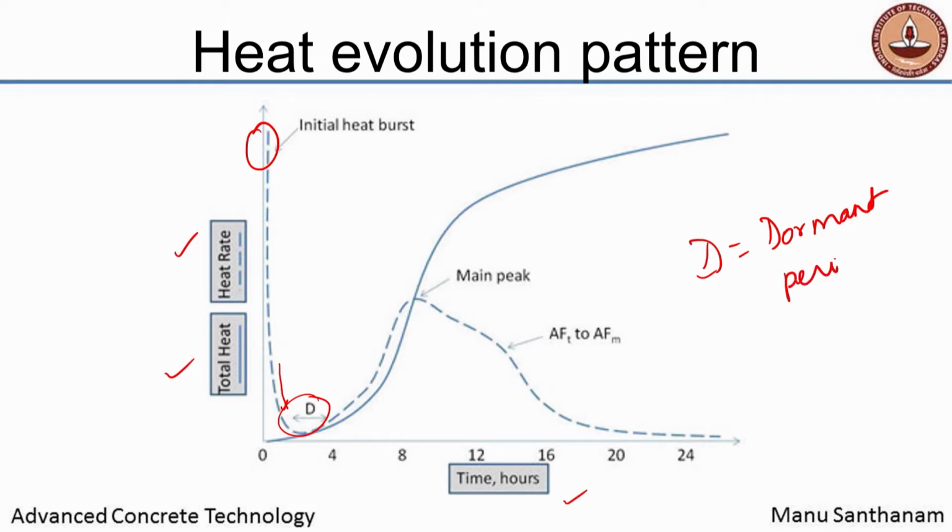Now, does that mean that my reaction is stopping entirely, or no? Because you see that the rate of heat evolution is still positive. That means my cement is still hydrating, but it is probably doing so at a rate which is too low to release any substantial amount of heat.